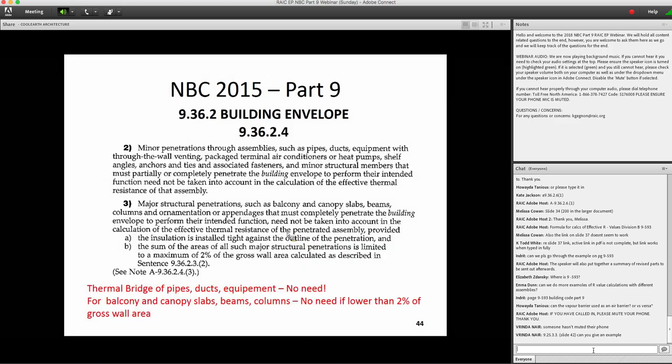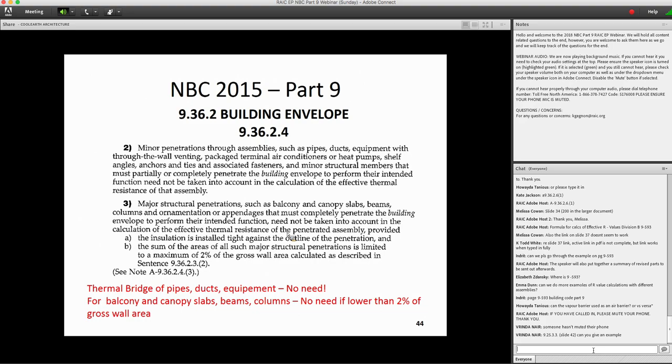But there's some stuff we don't have to calculate. So I'm going to read it all. Minor penetrations through assemblies such as pipes, ducts, equipment with through-the-wall venting, package terminal air conditioners or heat pumps, shelf angles, anchors, and ties, and associated fasteners and minor structural members that must partially or completely penetrate the building envelope to perform their intended function need not be taken into account in the calculation of the effective thermal resistance of that assembly.